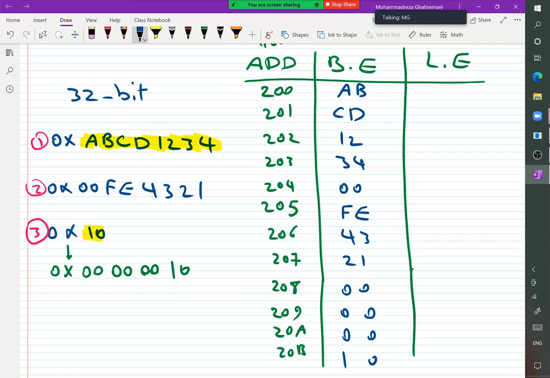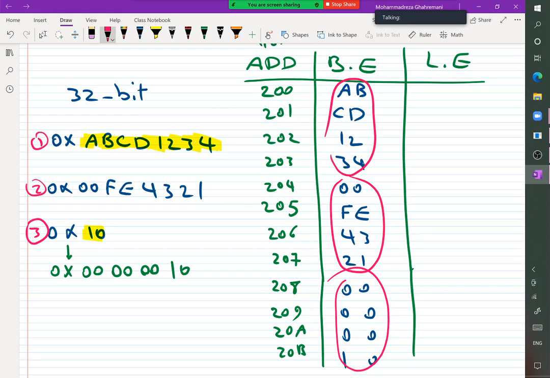This is where we store our numbers in Big Endian. This is the first number, this is the second number, and this is the third number. As you see, the most significant byte comes first.